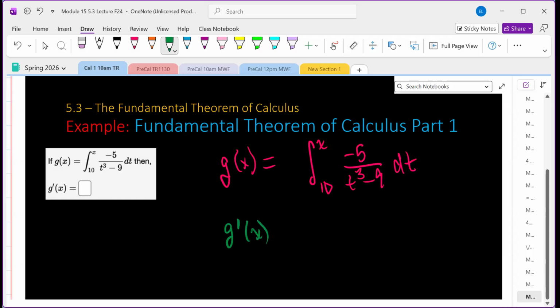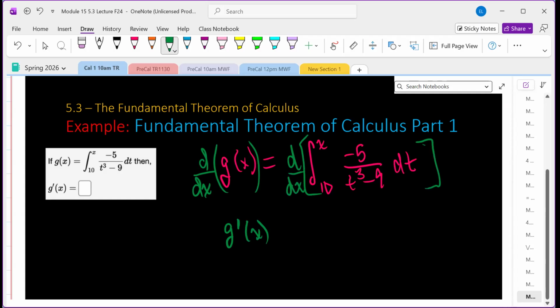So g prime of x is really just saying find the derivative of g with respect to x. So this is just asking us to do the derivative with respect to x of both sides of our function.